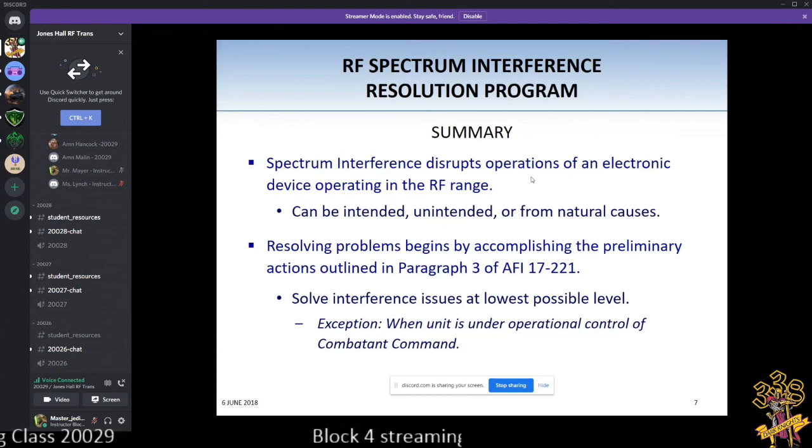Or it can be from natural causes such as solar flares, lightning, northern lights. Resolve the problems by beginning with the actions in paragraph 3 of AFI 17-221. You always want to solve at the lowest level unless you're under the operational control of a combatant command.